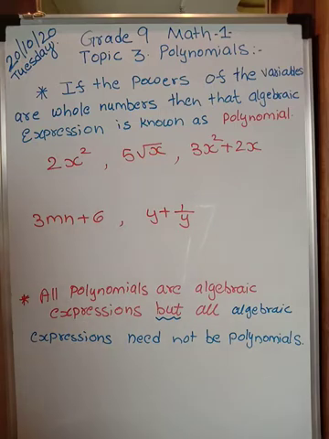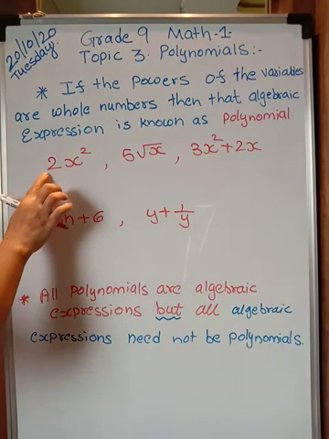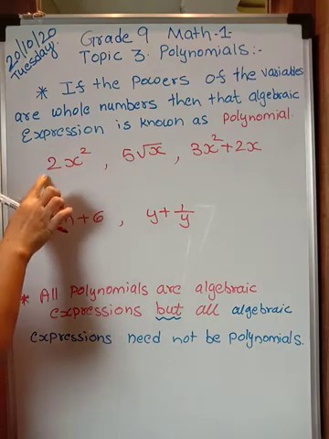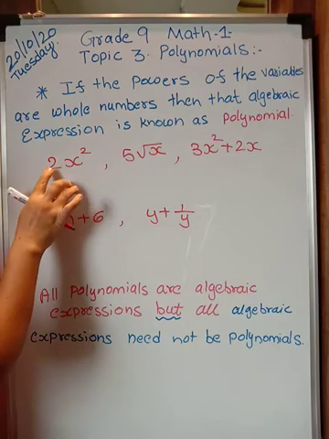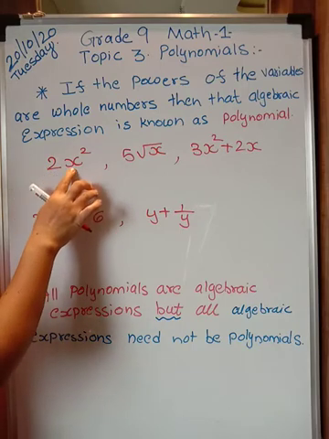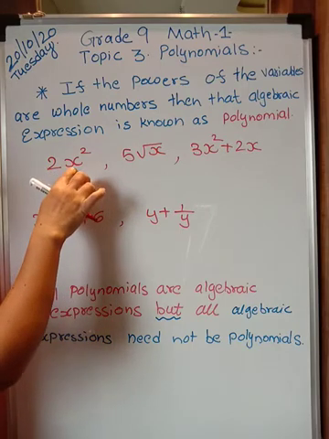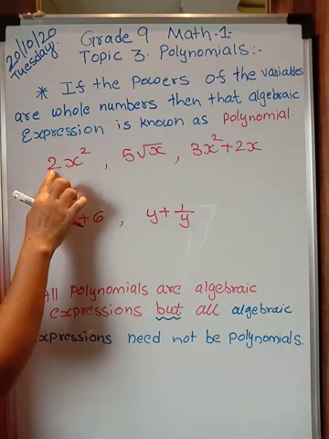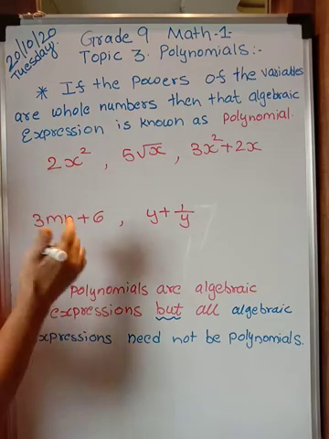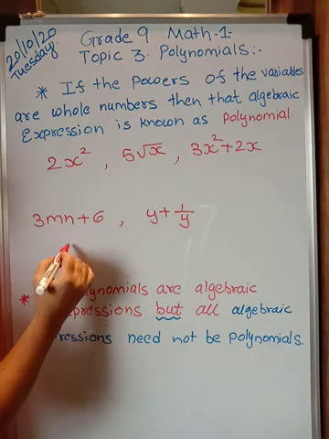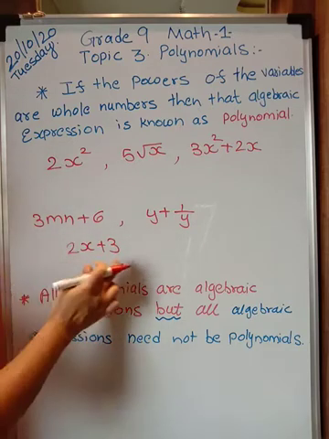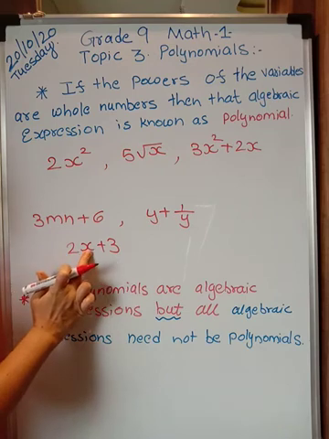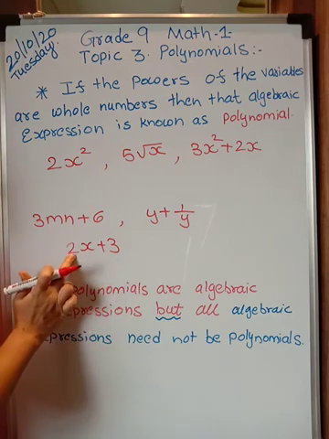Now, let us see what is the power of the variables in all these algebraic expressions. First, let us decide what we mean by the parts of an algebraic expression. See, for example, in this case, the variable is what? x, isn't it? The variable is x. And 2 is the coefficient of this variable. If I have one more algebraic expression, for example, 2x plus 3, in this case, 2 is the coefficient of the variable x.